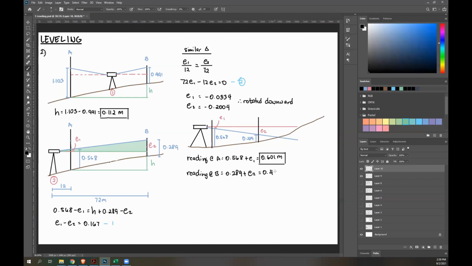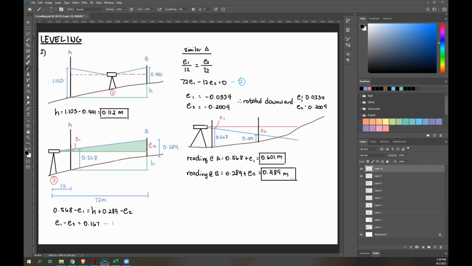So if you just created an incorrect assumption, the magnitude is still correct. So E1 is 0.0334, E2 0.2004. So you're going to use the positives in our equation. 0.489 meters, and that's our answer for number 2.